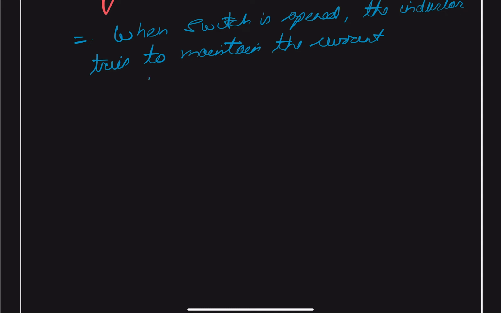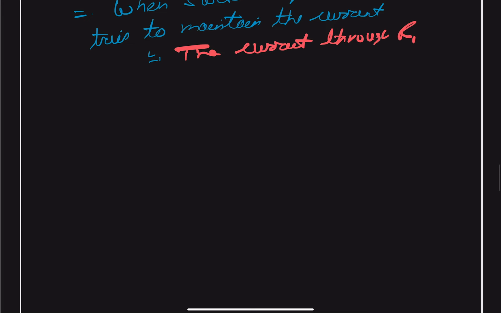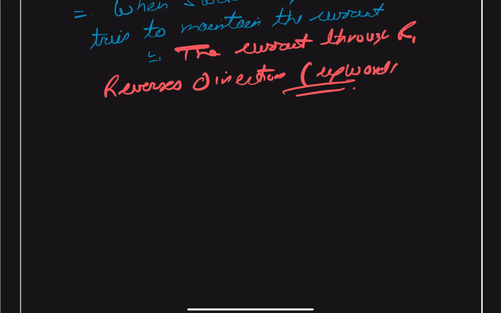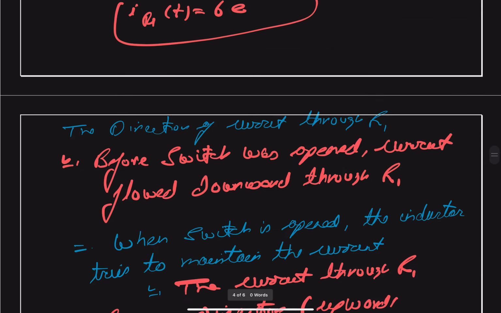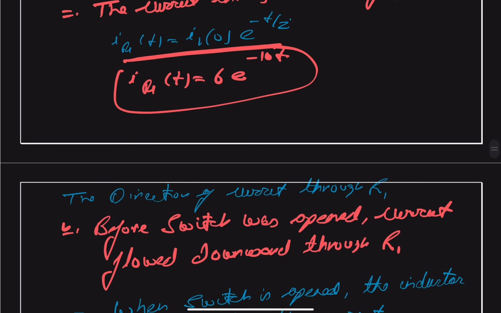Therefore, the current through R1 reverses direction, or we can say upward. So we found out that this current will be flowing upward.